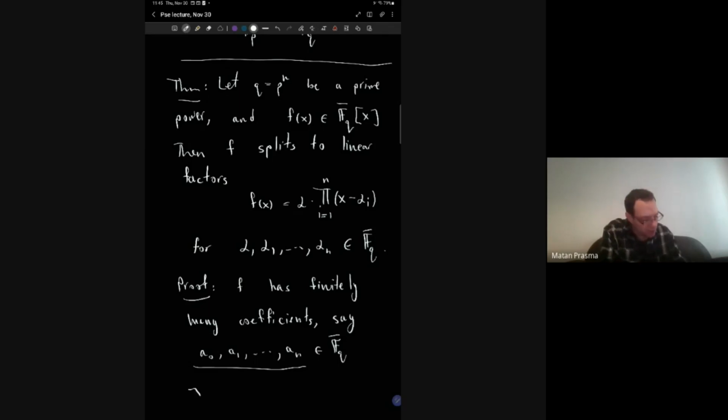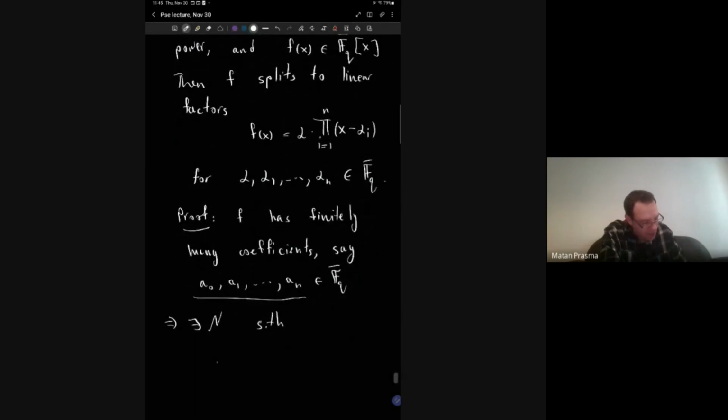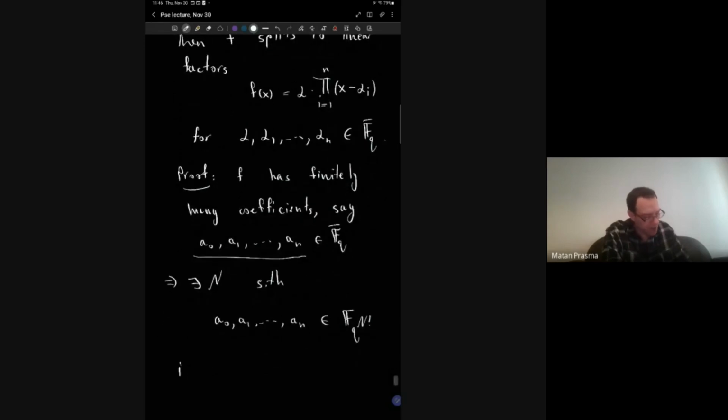So there exists, let's call it capital N, such that a0, a1 up to aN belong to F q to the N factorial. That is, I can write f of x as a polynomial over F q to the N factorial.